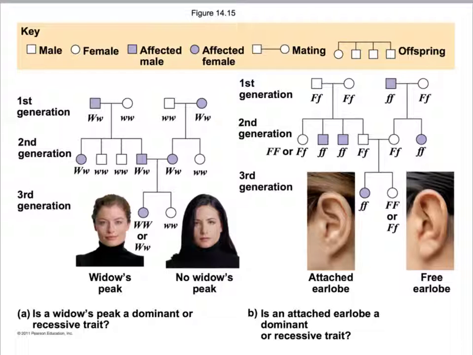Those individuals in the pedigree who do not have the trait being studied, their symbols are typically not shaded in. Occasionally, a pedigree will show symbols that are half shaded in, and those represent individuals that are termed carriers. They typically are not affected by the trait, although they may be affected by the trait. It depends on whether the trait is a dominant or recessive trait. And carriers are typically, in terms of genotype, heterozygous.